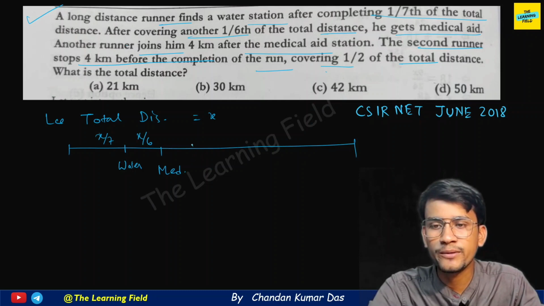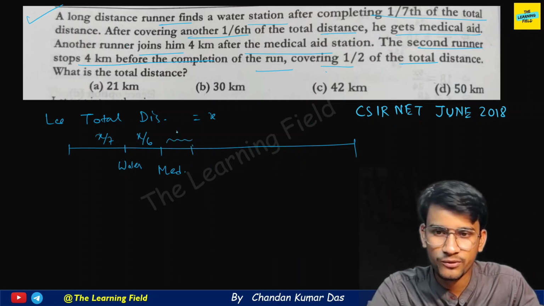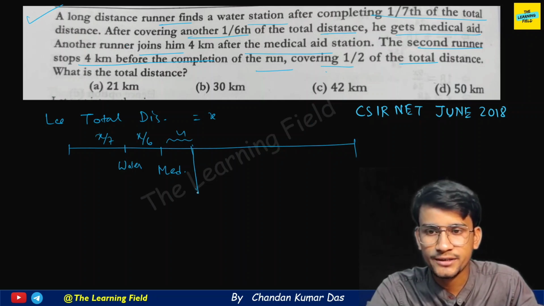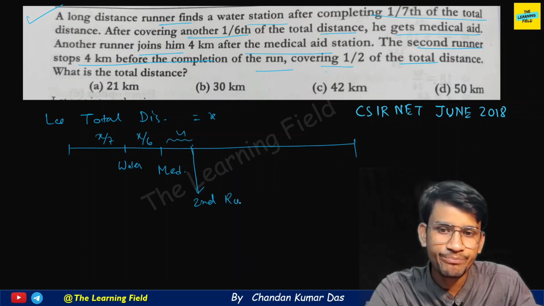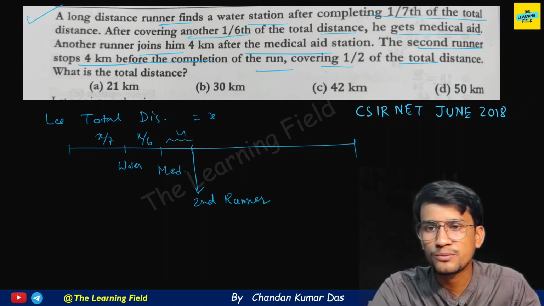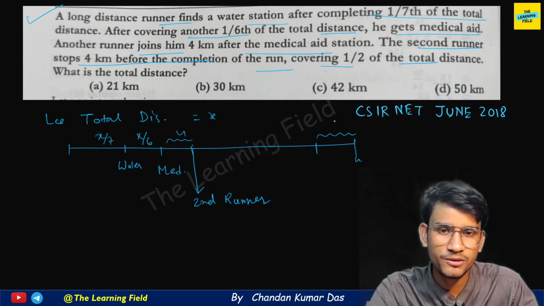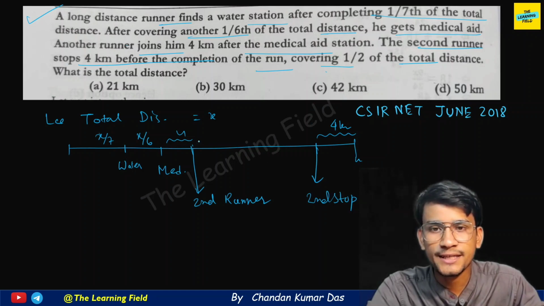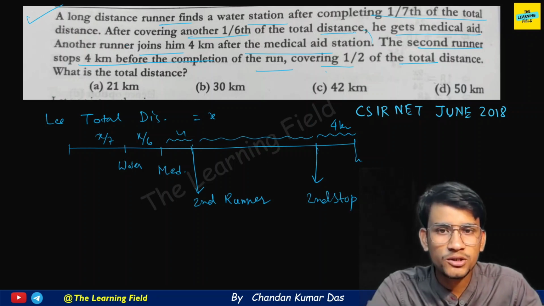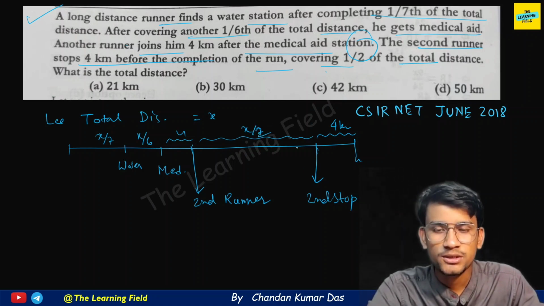Then 4 km after the medical station, the second runner joins here. The second runner stops 4 km before completion of the run. Suppose this is 4 km and this is the complete path. The second runner covers half of the total distance, that is x by 2.